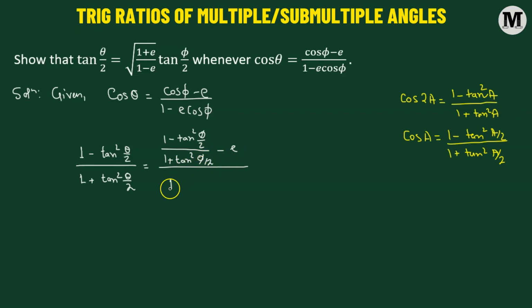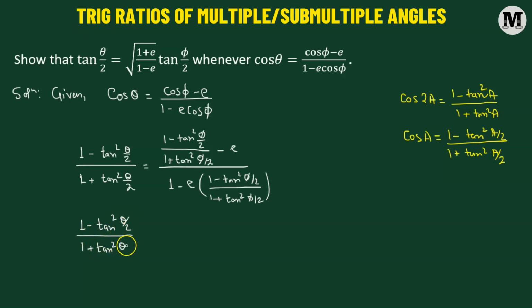Then in the denominator we have 1 minus e multiplied by cosine phi, where cosine phi is again (1 minus tangent squared phi over 2) divided by (1 plus tangent squared phi over 2). Fine. So let's keep the left hand side as it is: 1 minus tangent squared theta over 2 divided by 1 plus tangent squared theta over 2. Let's work with the right hand side.